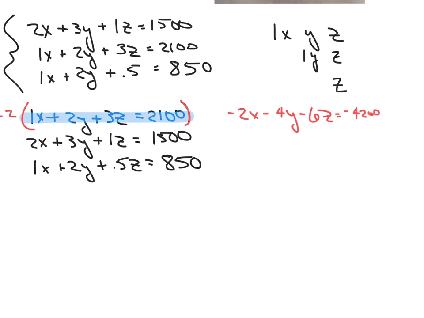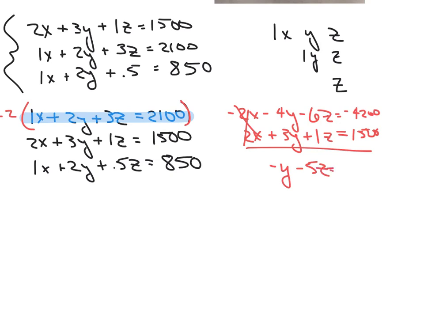Okay, so I'm going to add that to our 2x plus 3y plus 1z equals 1,500. That goes away. That gives me negative y minus 5z equals negative 2,700.